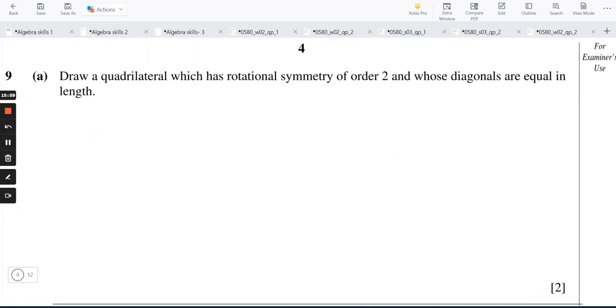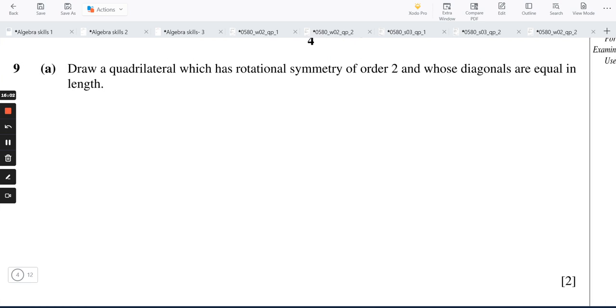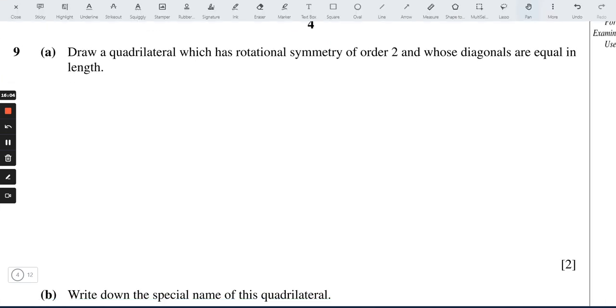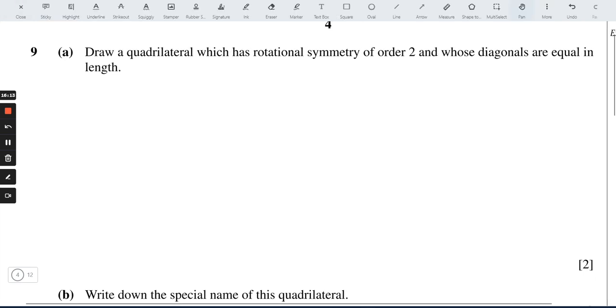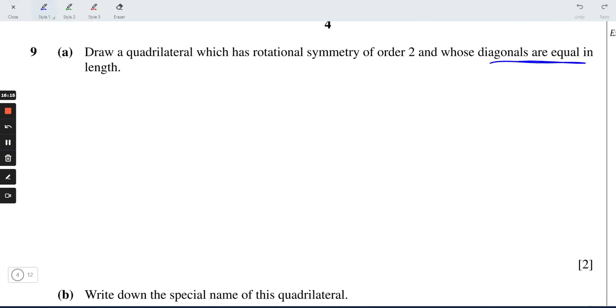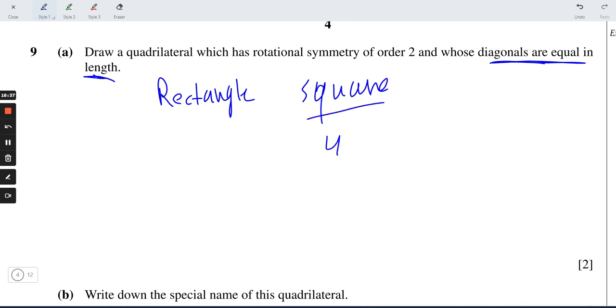Now question 9, draw a quadrilateral, which has 4 sides, which has rotational symmetry of order 2 and diagonals that are equal. Diagonals are equal, this happens just in a rectangle and a square. So we have a rectangle and a square, but the square has order 4 of rotational symmetry.